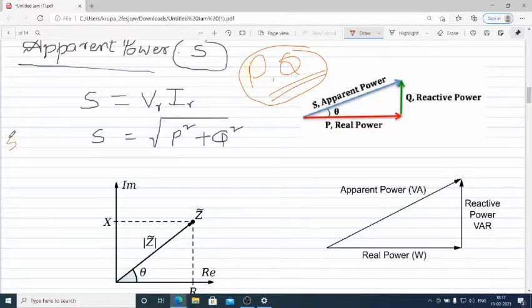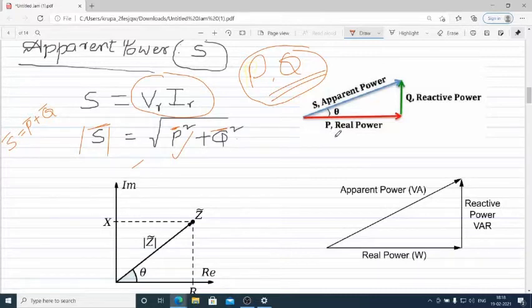Another notation for the apparent power is Vrms into Irms. To find the magnitude of the apparent power, we take the square root of P square plus Q square, of active power and reactive power.